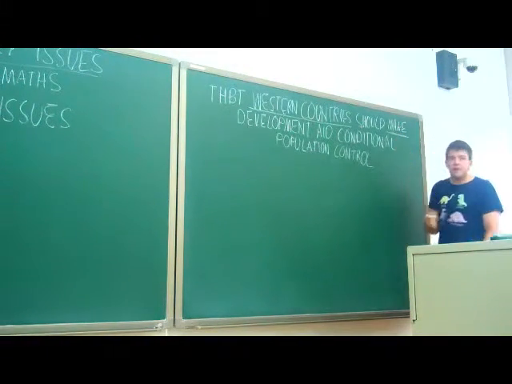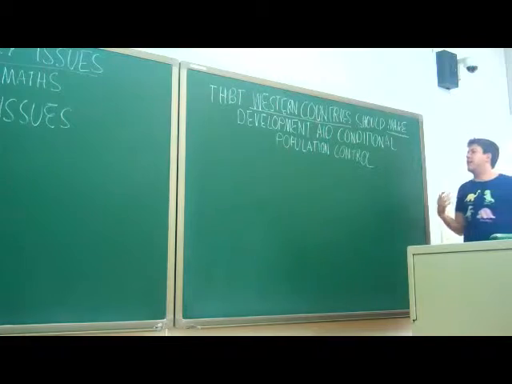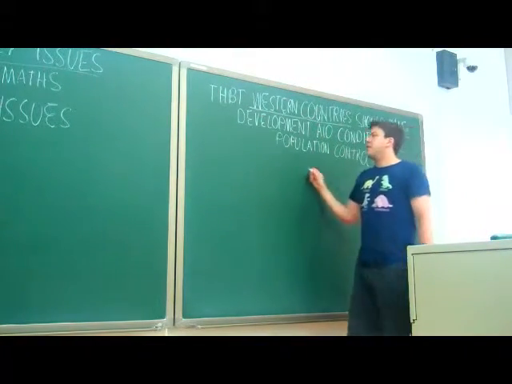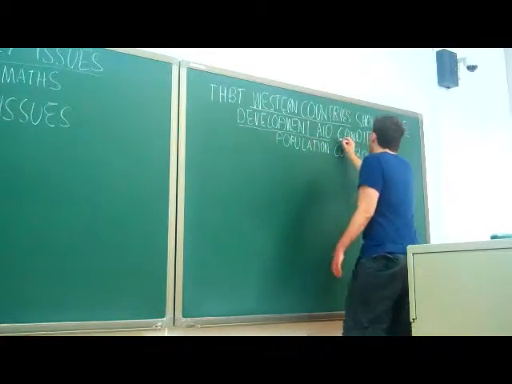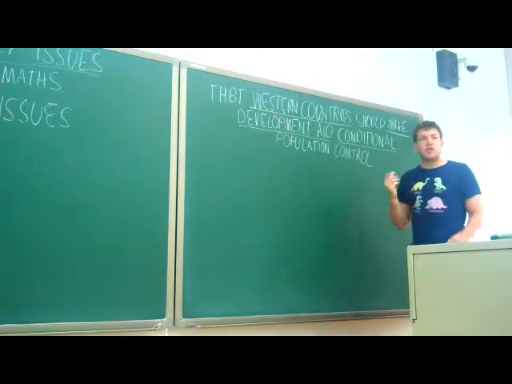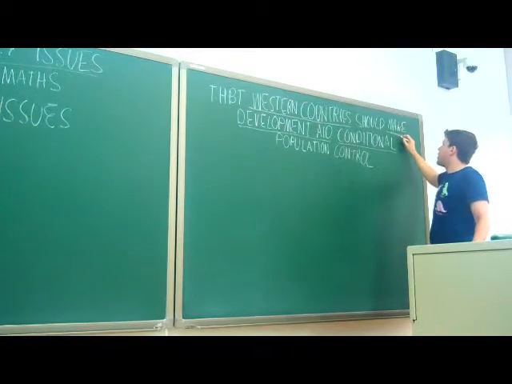Make, okay, so even an innocuous word like make might actually become very important because it's something that's happening. Development aid, that's obviously going to be important. Conditional, again, I think these two will tie in together.